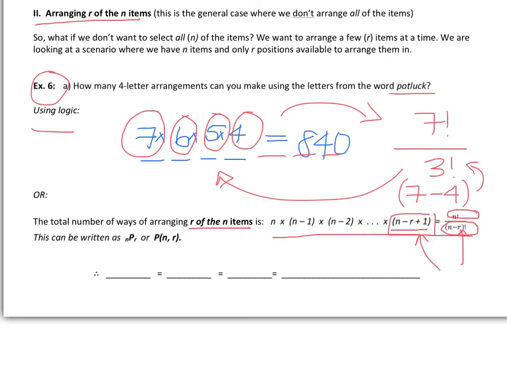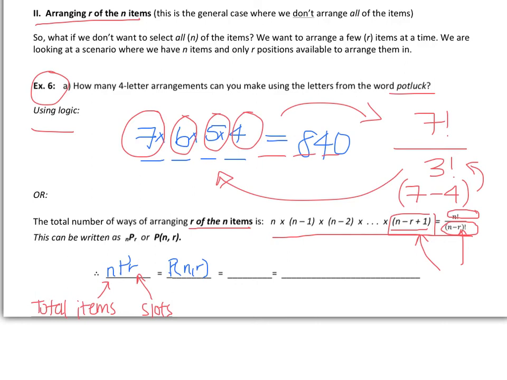So when we want to make a general claim, down here at the bottom we have therefore: we can have nPr, where n is the number of items that you have, and r is the number of slots that you want to put those items into. Or I can write this as P(n, r), which is of course the same thing, just different notation, where n is the total number of items, and r is the number of slots we want to arrange these items into.